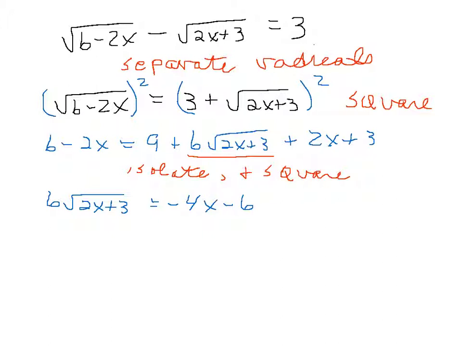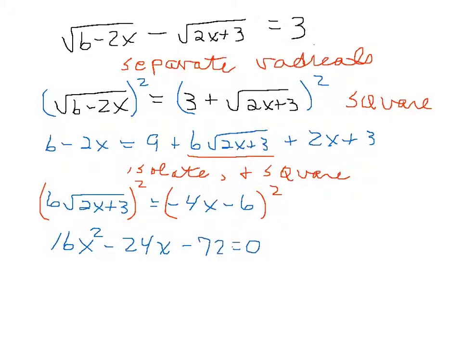And what we do then is we square both sides, and we get, finally, I'll do a lot of simplification here, and you should always check it. We get 16x squared minus 24x minus 72 is equal to 0.